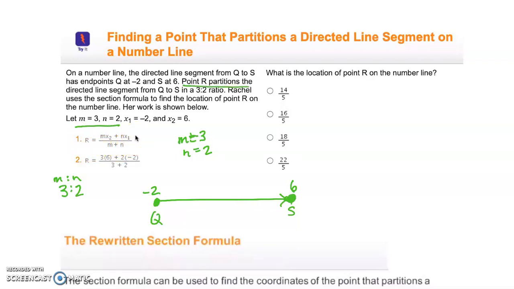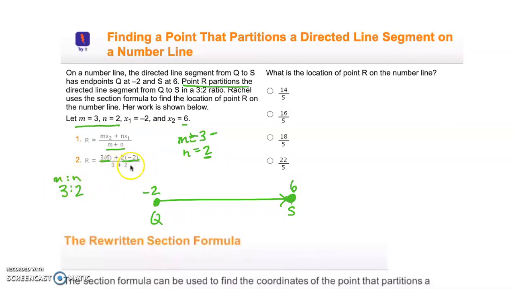So you take m times x2, so m is 3 and x2 is 6, so that's 3 times 6, and you add it to n, which is 2, times x1, which is -2, and you put that all over m plus n, which is our whole ratio, 3 plus 2.